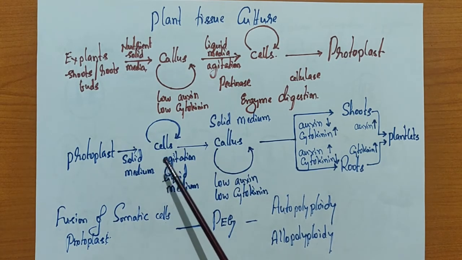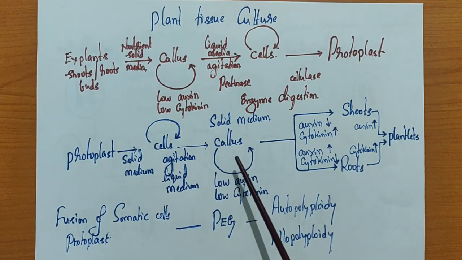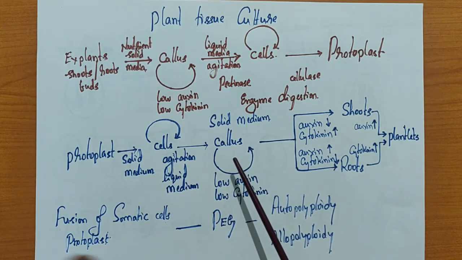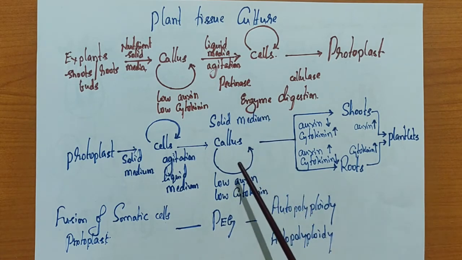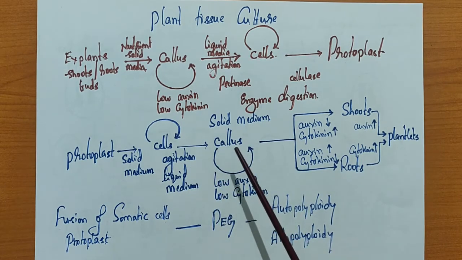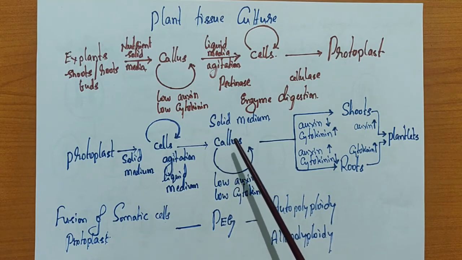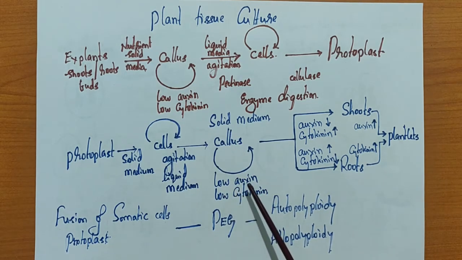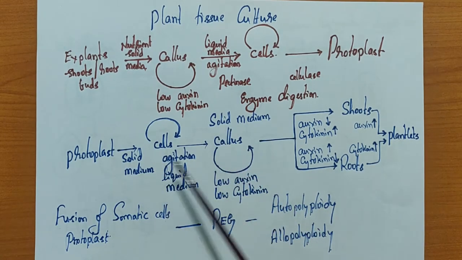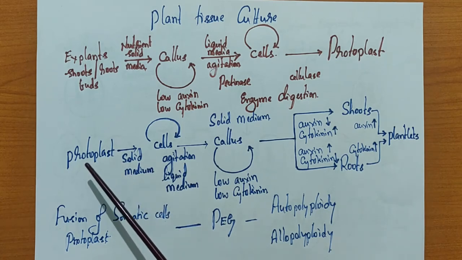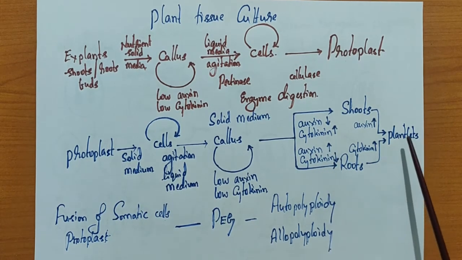So here it is individual cells, and now these cells will grow as a mass. In order to have a mass, they have to secrete some extracellular matrix like pectin and others. So we are going to have a callus. In order to maintain this callus, we have to provide low auxin and low cytokinin plant hormones. Now from this callus, which is derived from a manipulated protoplast, we can get plantlets.